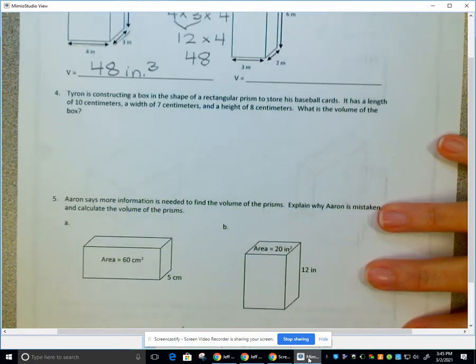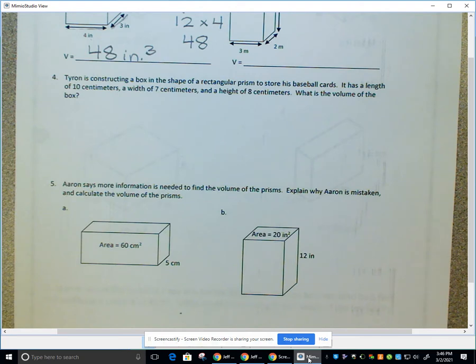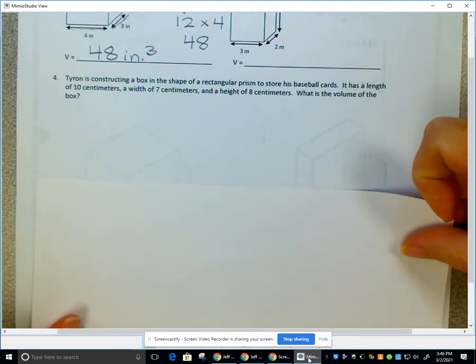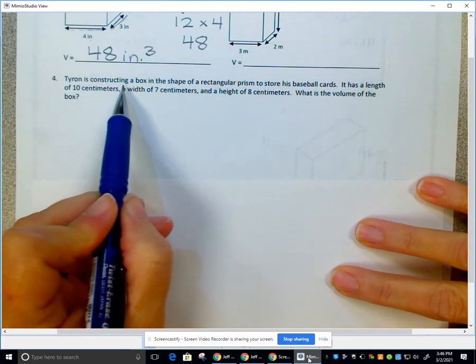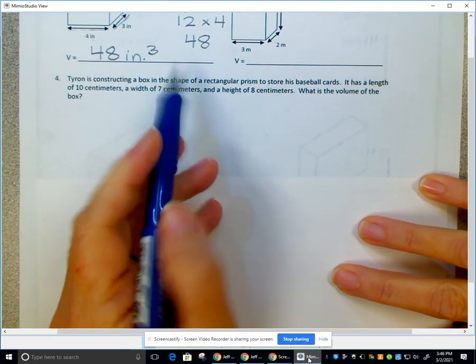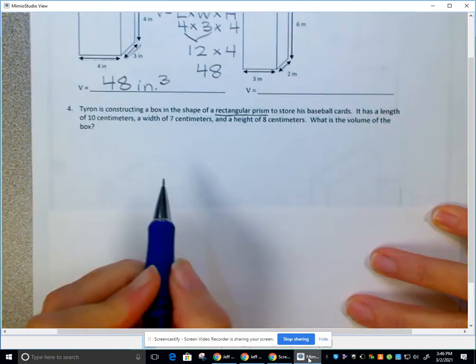Let's look at number 4, Tyrone. And let me see if I can cover the bottom of this so that it doesn't distract us. Right here. Tyrone is constructing a box in the shape of a rectangular prism. That just means it's a cube.